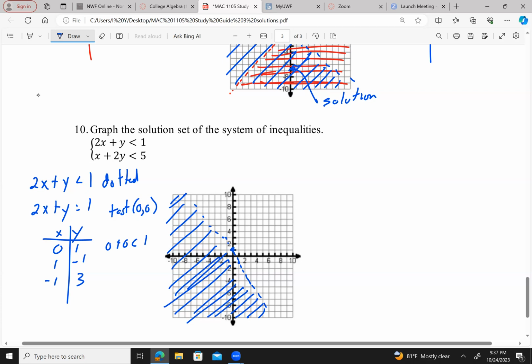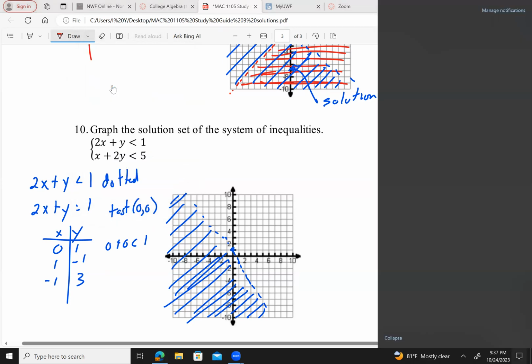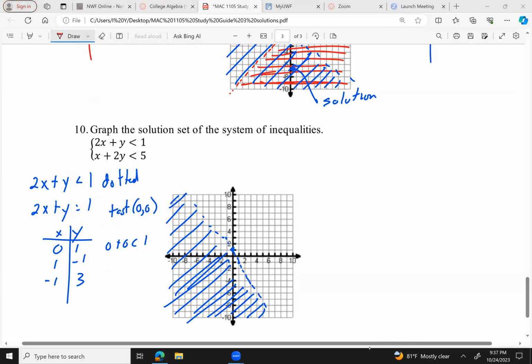Now let's go back to red. And we're looking at x plus 2y less than 5. Again, dotted. I should have put some solid lines in here, but I didn't.